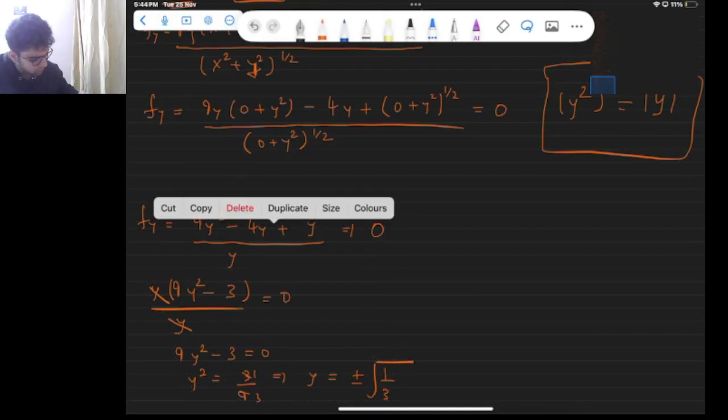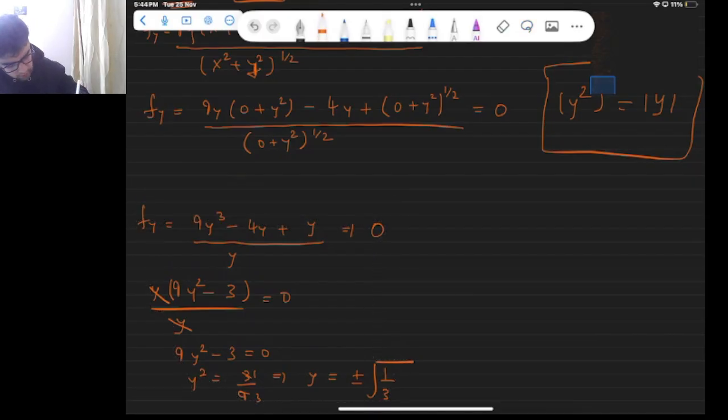So this whole thing is case 2a, where the root of y square, which is y square to the power half, is equal to mod of y, and I am taking y as greater than 0. Therefore my mod of y will become y, right?